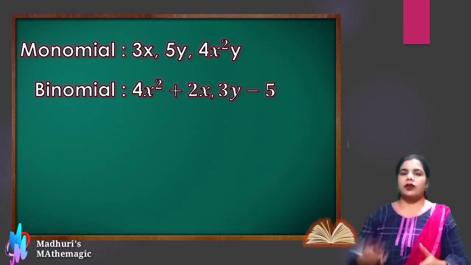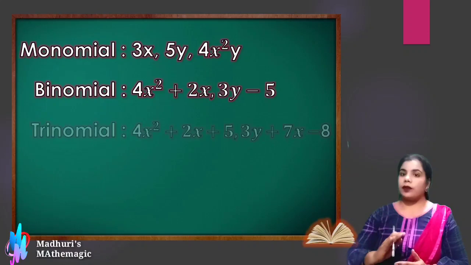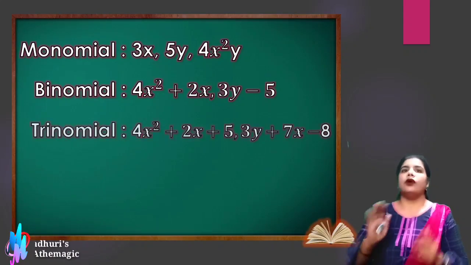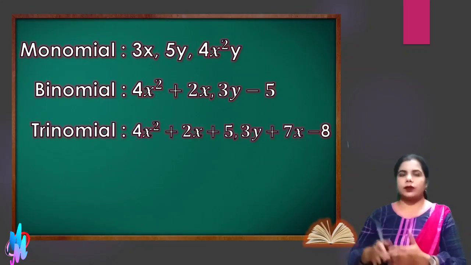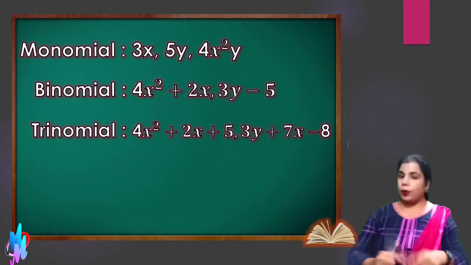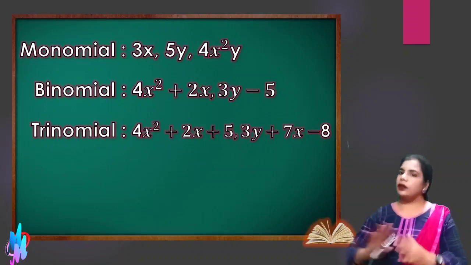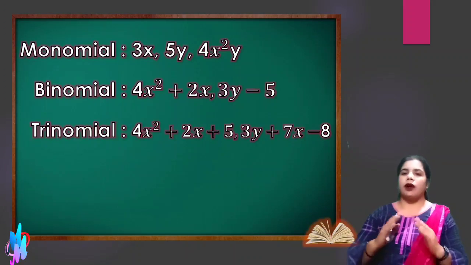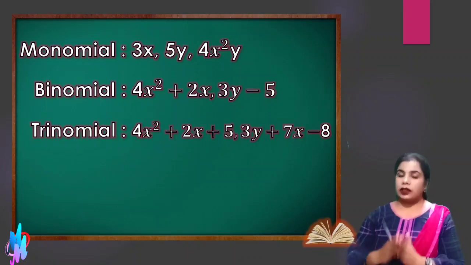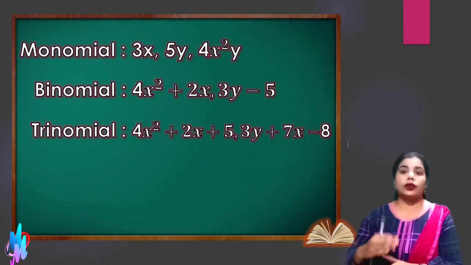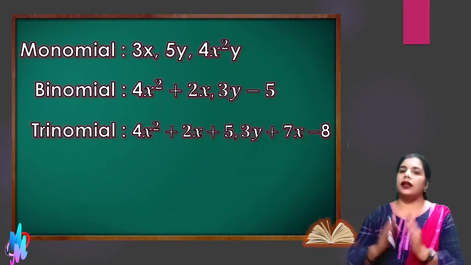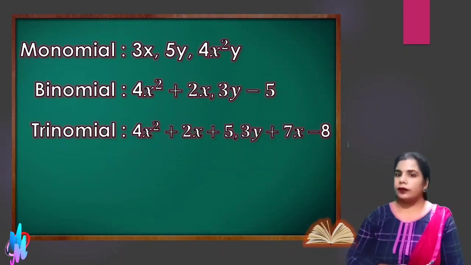Next one is trinomial. Tri means three terms. So 4x square plus 2x plus 5, and two operations are used here, addition. And next one is 3y plus 7x minus 8. Three terms means trinomial. Now if more than three terms are there, then it is known as polynomial.